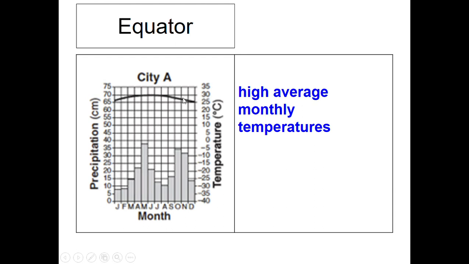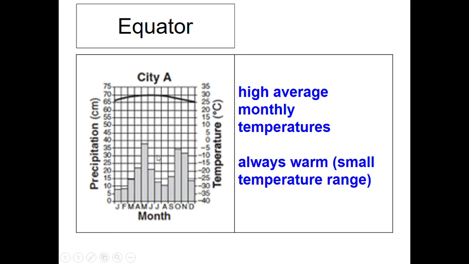There is not a large range, meaning that the temperature is high basically all year long. That tends to happen near the equator because of the more direct rays that they receive. Also, you will notice down here that there is quite a bit of precipitation. And if you recall from one of the earlier videos, if you're near the equator, that is a low pressure belt with a lot of moisture. Okay, so you should recognize that pretty straightforward.